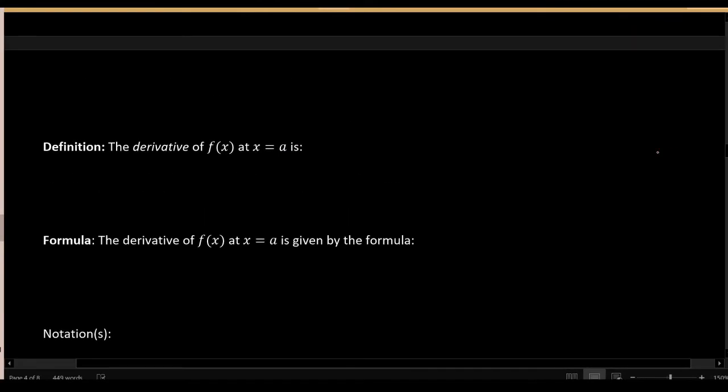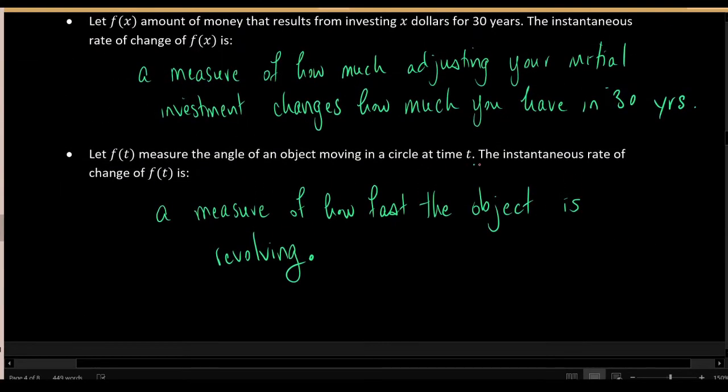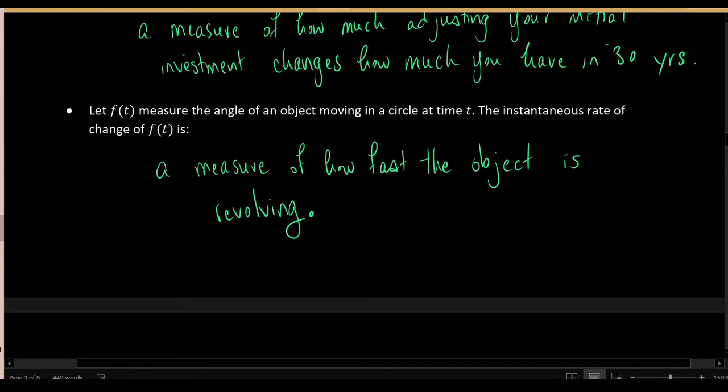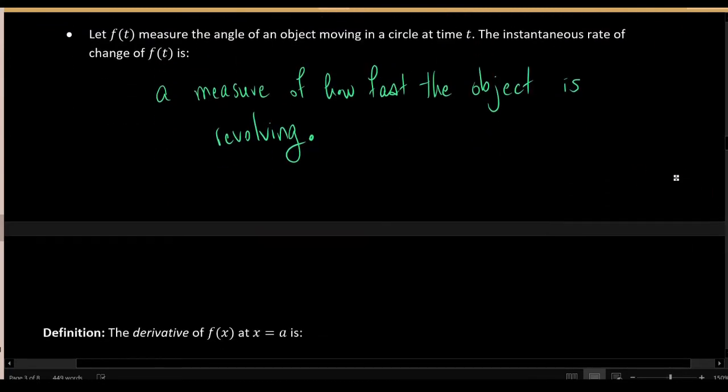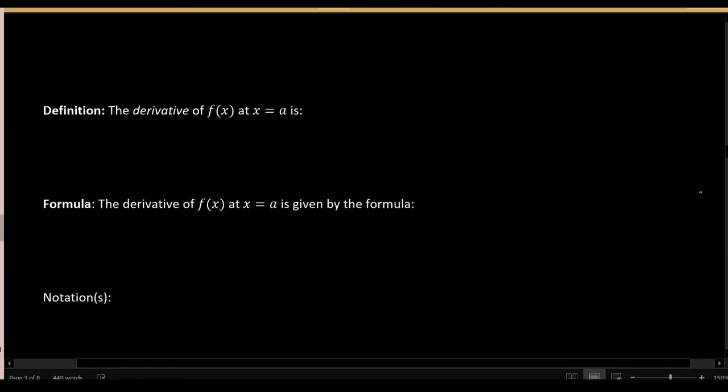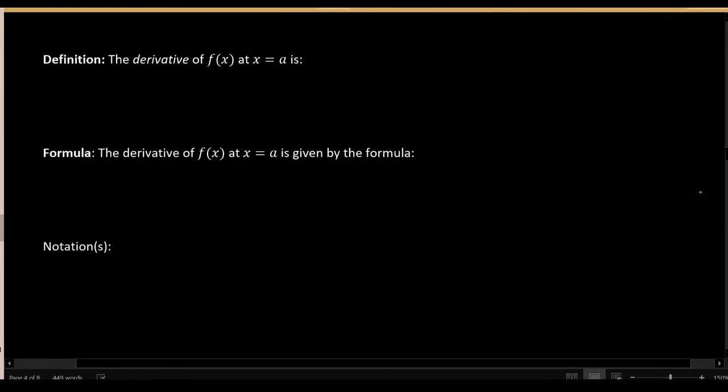Now, this language of instantaneous rate of change is a real pain to say over and over and over again. It's just too long. So we introduced this word, the derivative, as a shorter replacement for that.